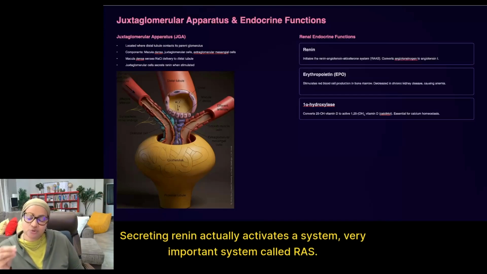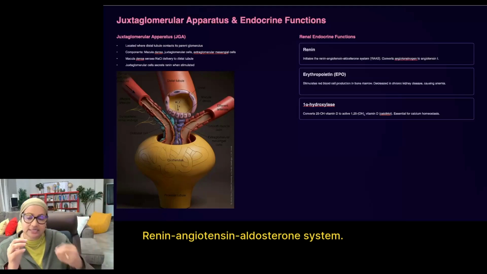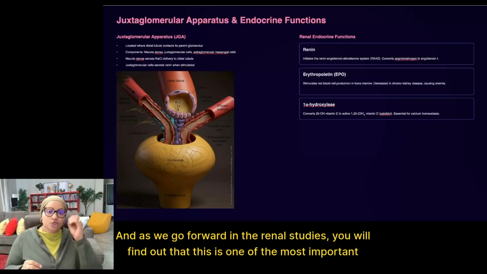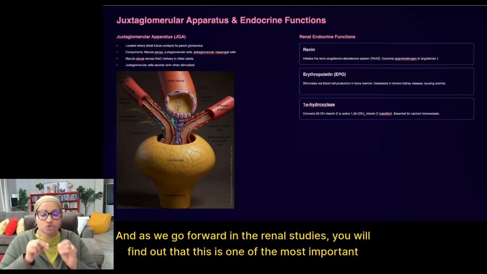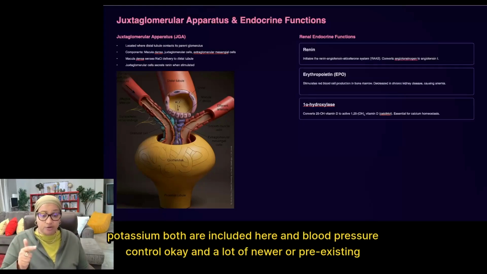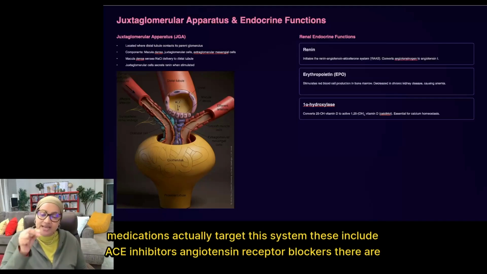Secreting renin actually activates a very important system called RAS, the renin angiotensin aldosterone system. As we go forward in the renal studies, you will find out that this is one of the most important functions of the kidney, because this system is involved with water conservation, solute conservation, sodium and potassium both included, and blood pressure control. A lot of newer and pre-existing medications target this system. These include ACE inhibitors and angiotensin receptor blockers.